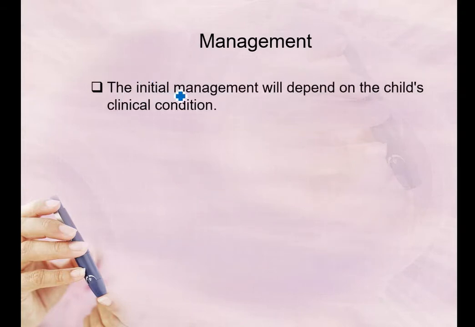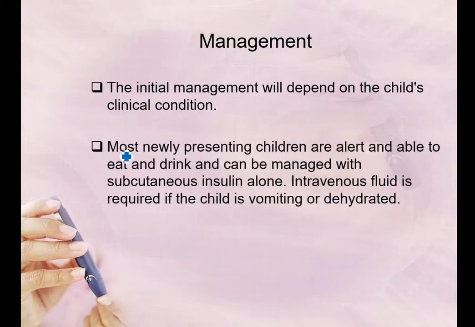Management. The initial management will depend on the child's clinical condition. Most newly presenting children are alert and able to eat and drink and can be managed with subcutaneous insulin alone. Intravenous fluid is required if the child is vomiting or dehydrated.